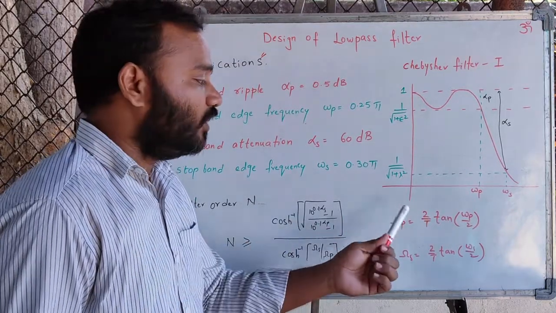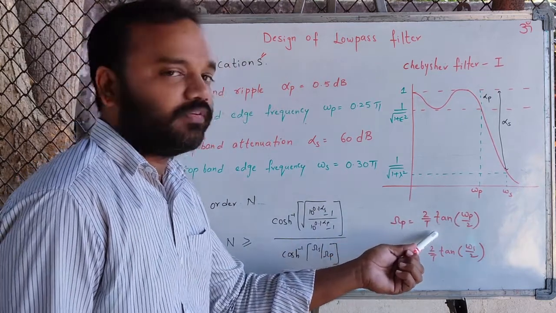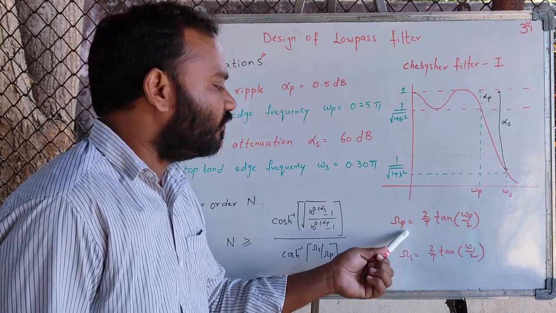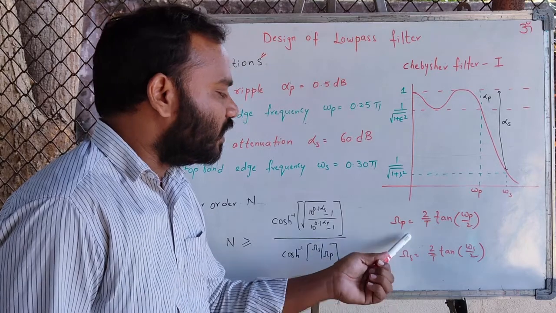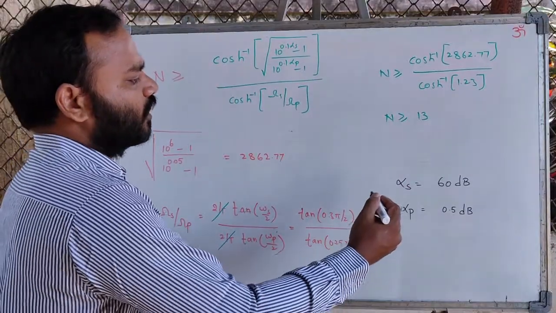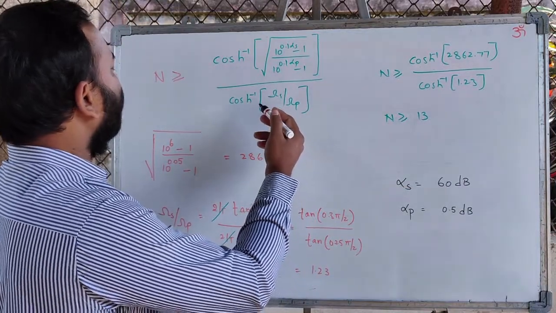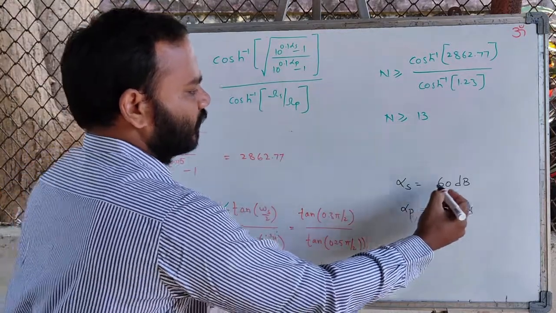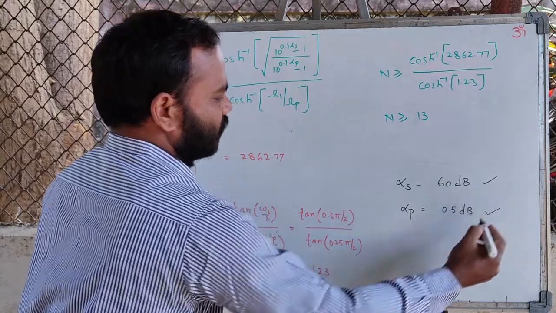The relationship between the digital variable and analog variable is given by this relationship, and using these we will find the analog passband frequency and stop band frequency, compute the ratio of these two, and substitute it here. Again, the stop band attenuation is 60 decibels and passband attenuation is 0.5 decibels.